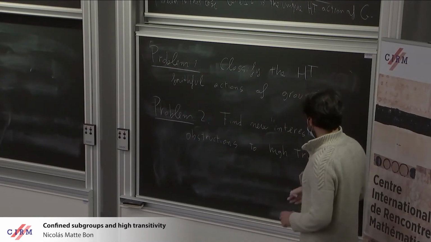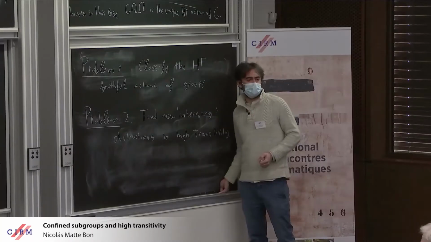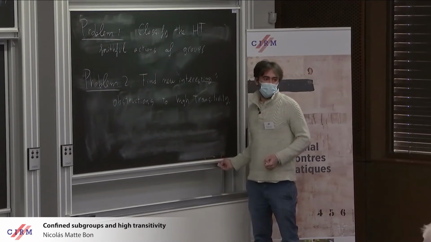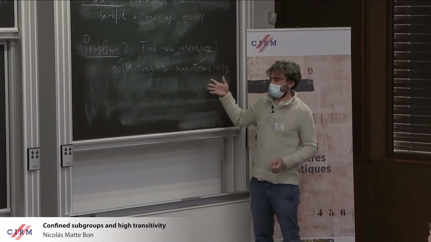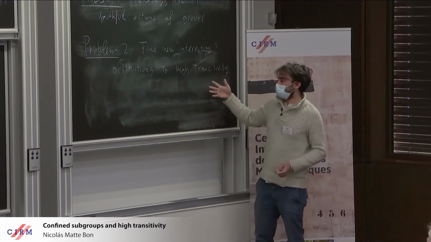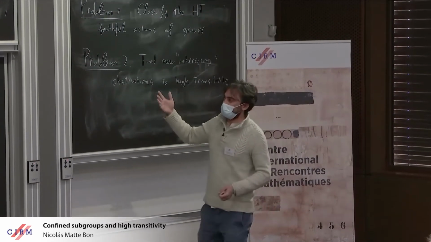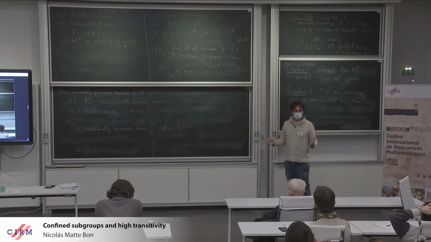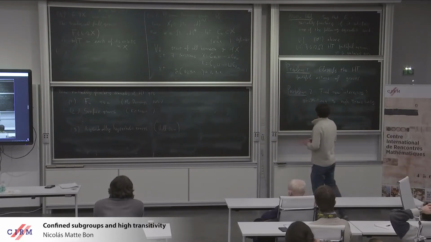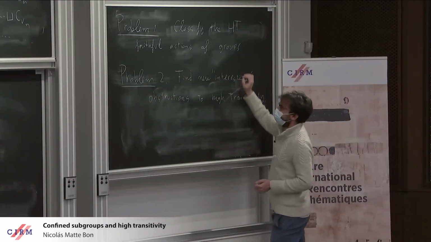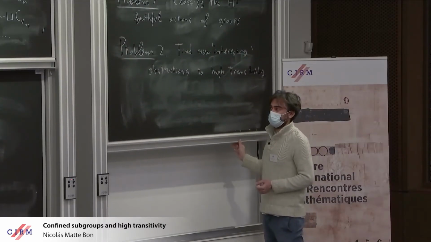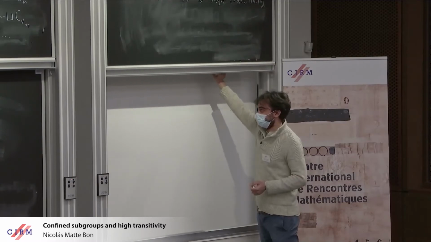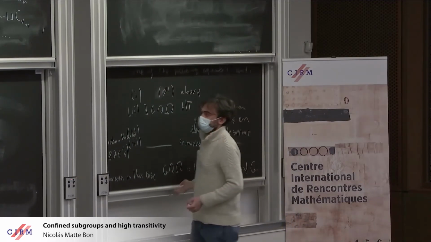I don't want to get into this. It becomes more algebraic. But one can list a few kind of trivial obstructions, or not so trivial, but not so difficult, for a given group G to admit a highly transitive action. But this is something that is not well understood. So it stays at a very algebraic and elementary level. Maybe I'll tell a bit more about this later. First, I want to get to the actual topic of my talk, so to the actual results I want to state.